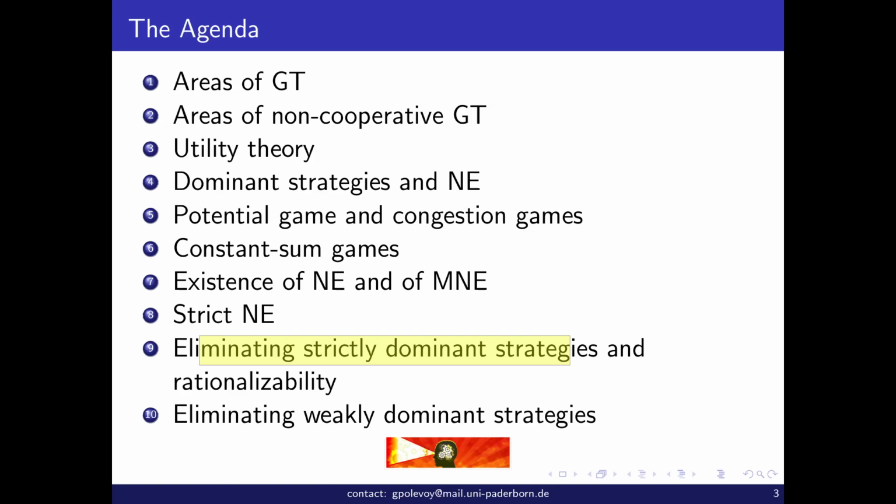I should have written here strictly dominated strategies, not strictly dominant. Let me fix it. Strictly dominant, we of course don't eliminate, but we eliminate strictly dominated strategies.